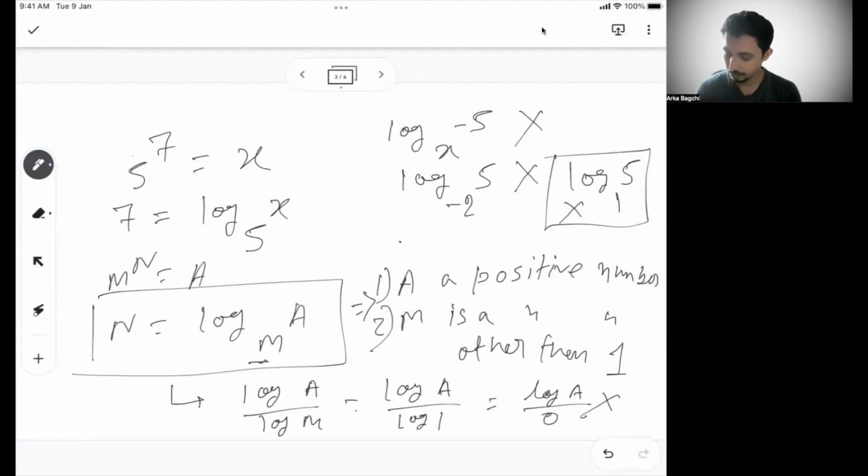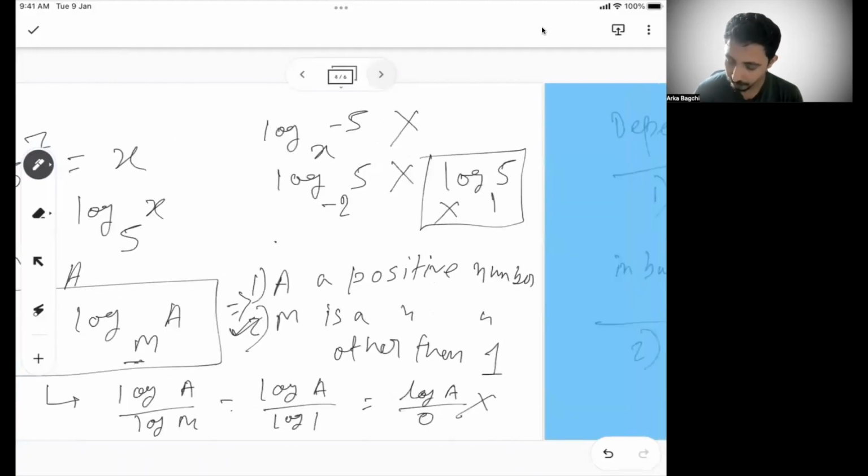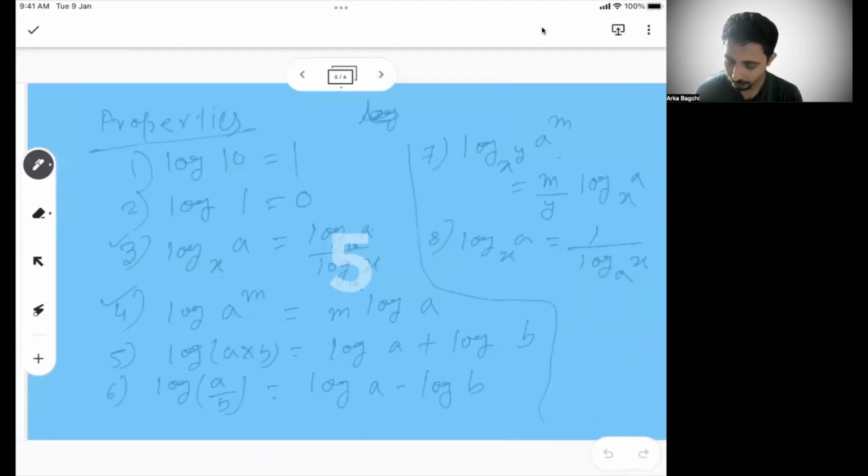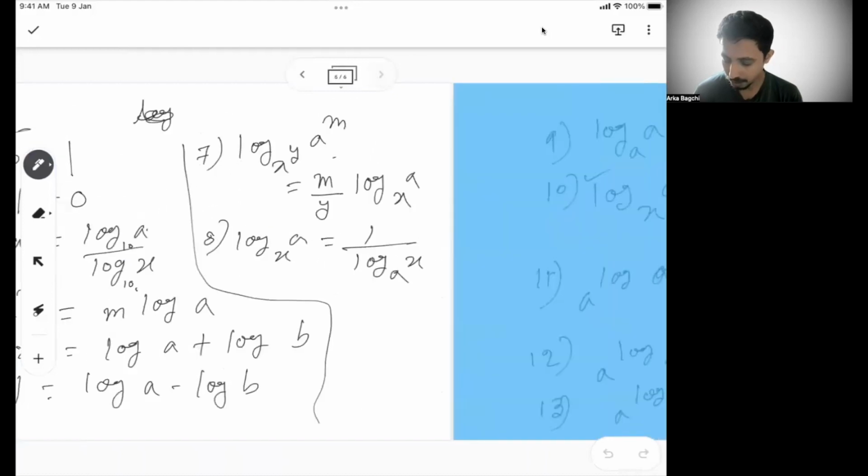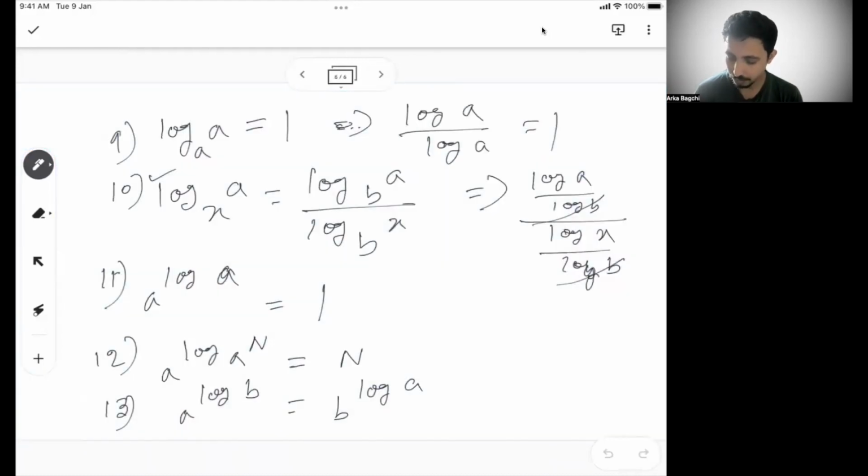That's why the second formula says m is a positive number other than 1. So these are the 12, 13 formulas of log which you need to remember, and with this we will be able to solve a lot of problems in the coming session.